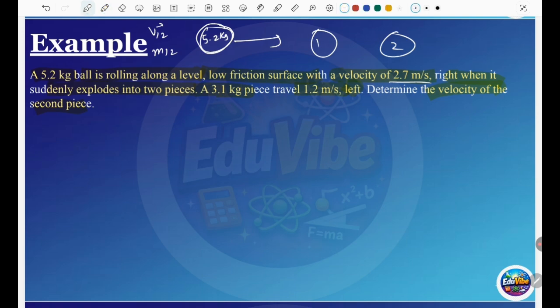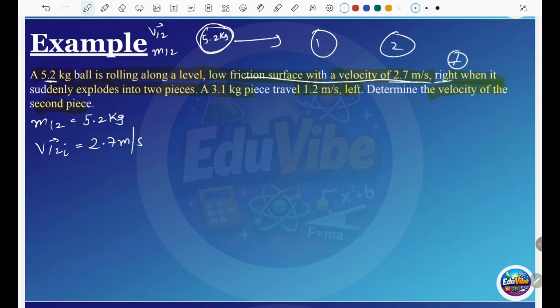Firstly we have the combined mass of 1 and 2, which is 5.2 kg, and the combined velocity, which is the initial velocity v12i, because they move together before the explosion, of 2.7 meters per second. We take right as positive and left as negative.